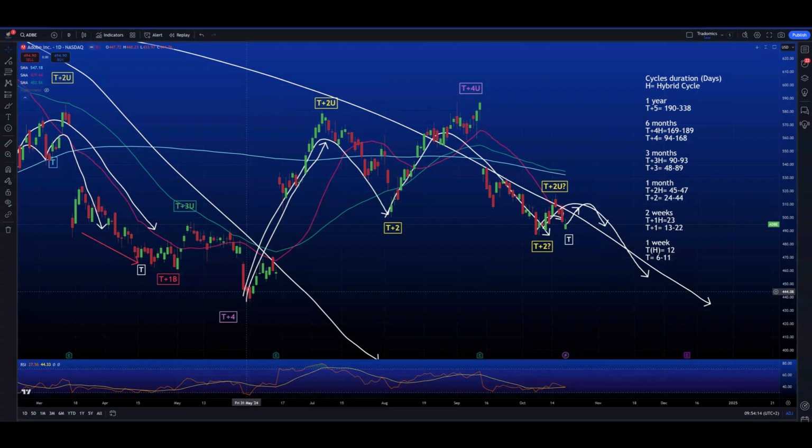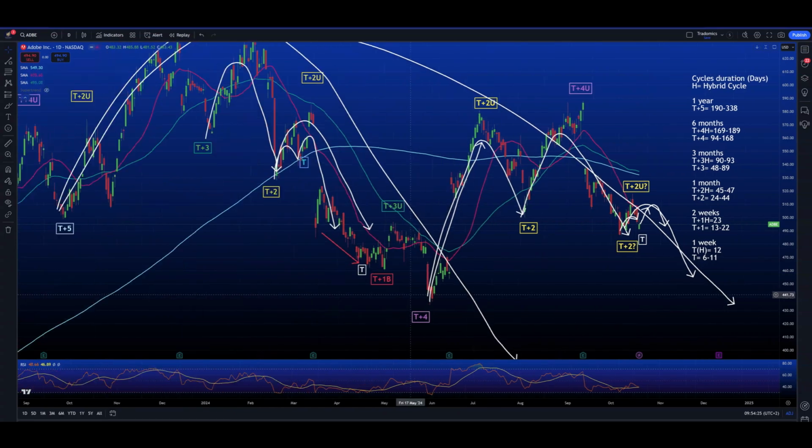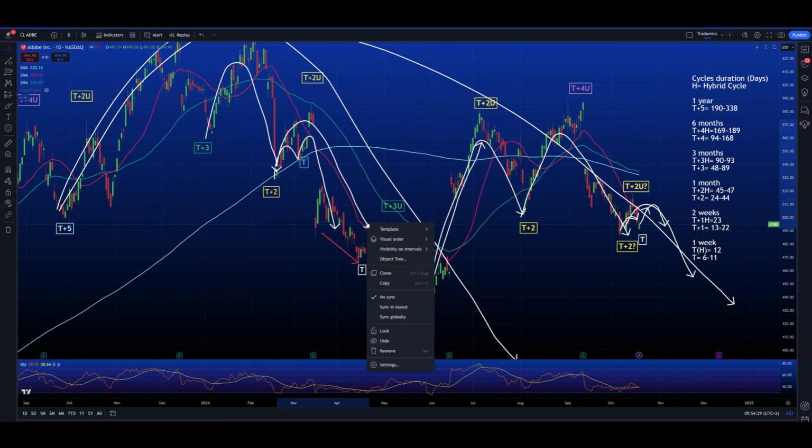And I kept saying it because this is in line with the last analysis. So that is the target of $433.97. So you have to be really, really careful about the situation.